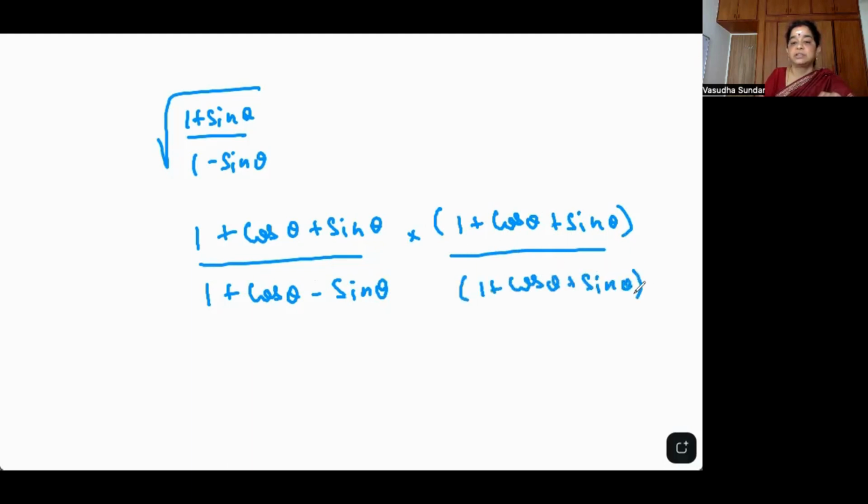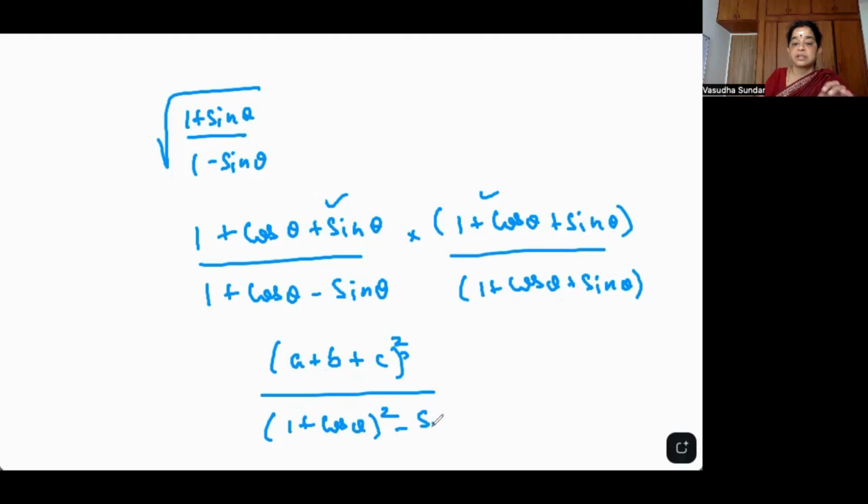So now you see these two terms are same. My numerator, I'm reducing it to (a plus b plus c) whole square. This is the perfect square I'm reducing it to. The denominator, you'll have to reduce to (1 plus cos theta) the whole square minus sine square theta. This is a square minus b square.